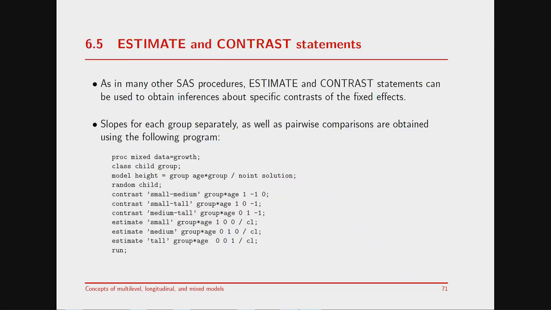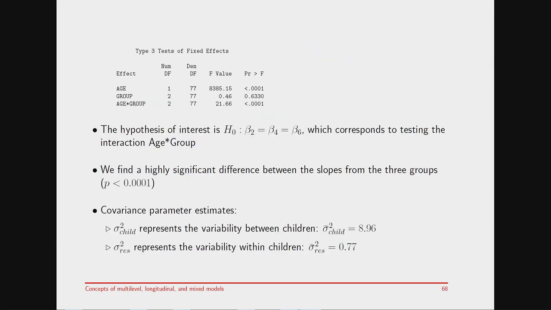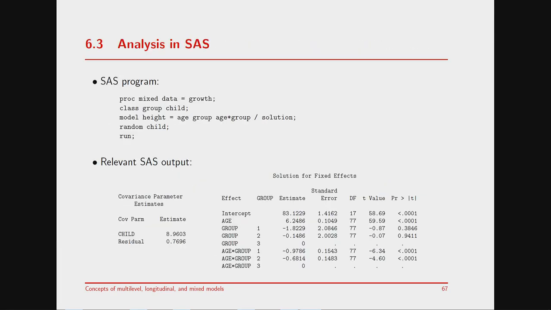Before, we did have a traditional interaction test because the parameters associated to the age by group combination effect were these 2 parameters: the first slope minus the third slope, and the second slope minus the third slope. Well, if these 2 are equal to 0, it just means that the 3 slopes are equal to each other. And that means a 2-degree of freedom test.